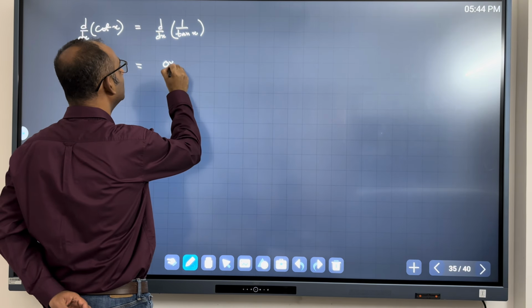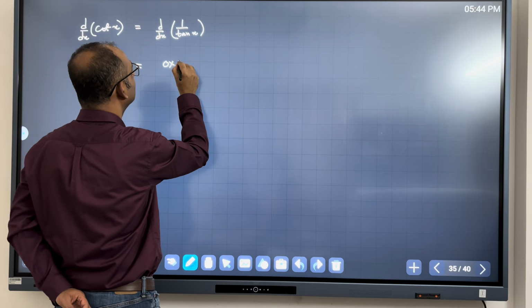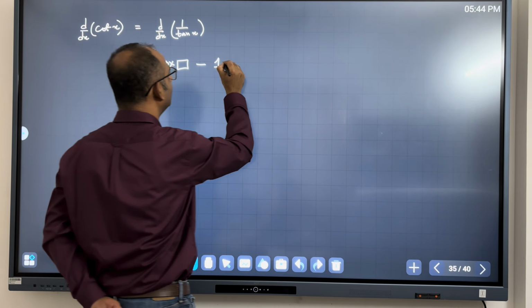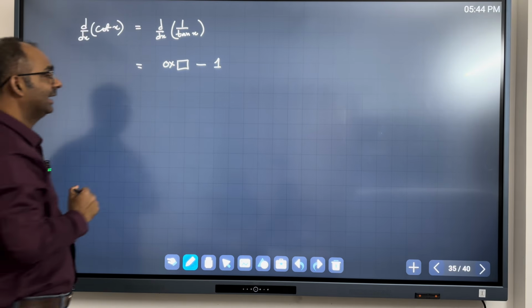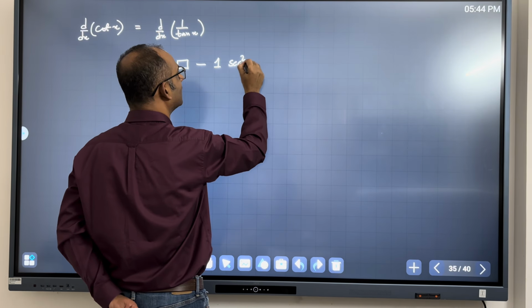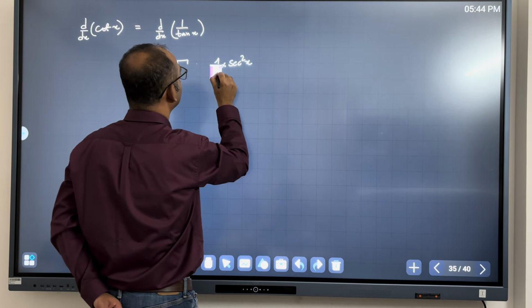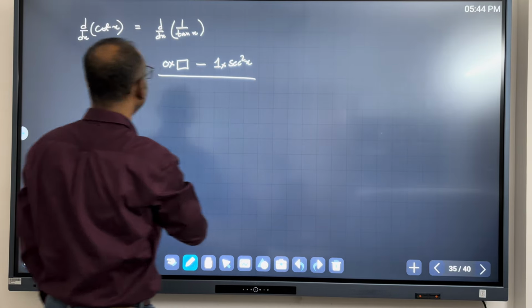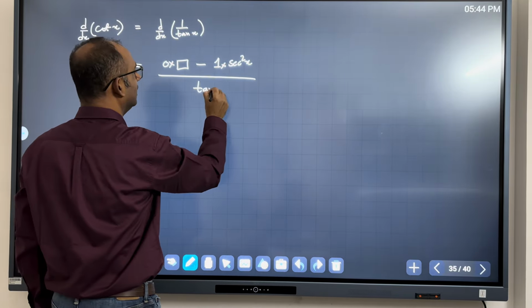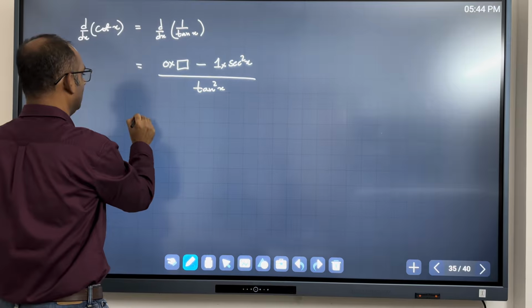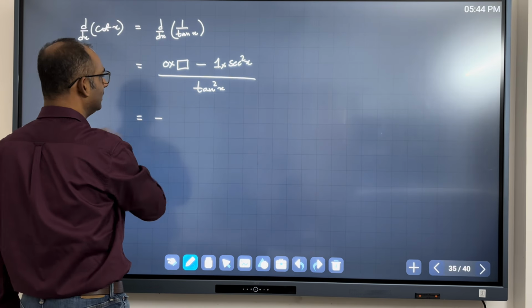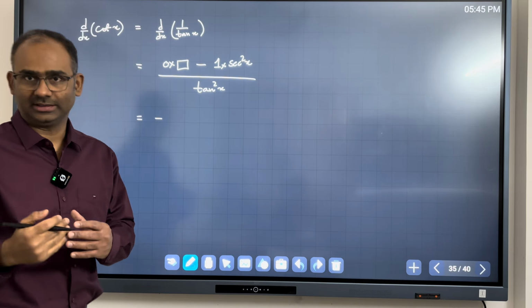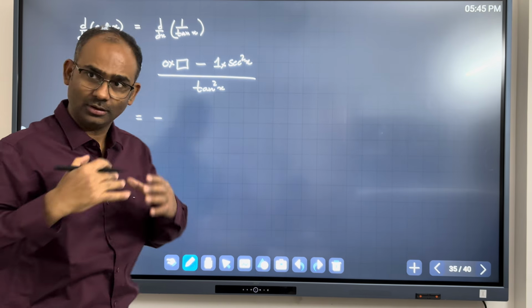So 0 times the denominator, I don't care because it's going to give you 0, minus numerator times the derivative of the denominator, which is derivative of tan x, which is secant square x, divided by tan square x. That is minus secant square x. Secant x is 1 over cos x, so secant square x is 1 over cos x whole square.